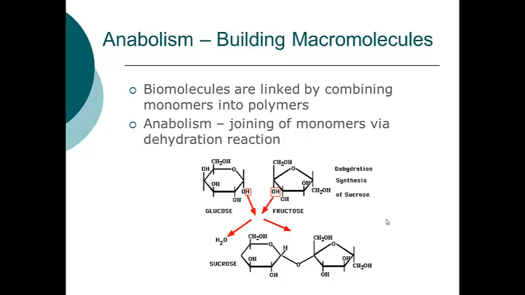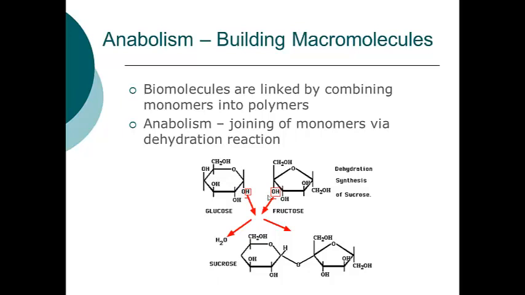The requirement for this reaction is that one reactant is going to lose a hydrogen, and that's shown right here, and the other reactant is going to lose an OH. I don't know that it's especially important that you recognize that it could be this OH and this hydrogen, or vice versa.